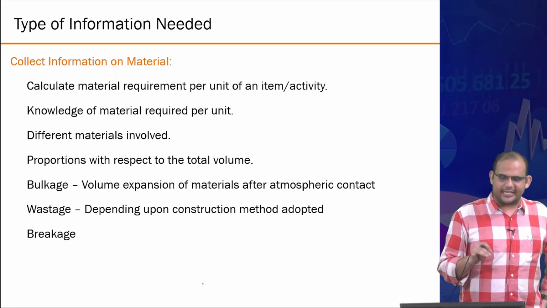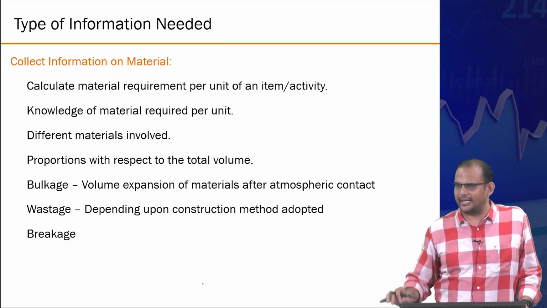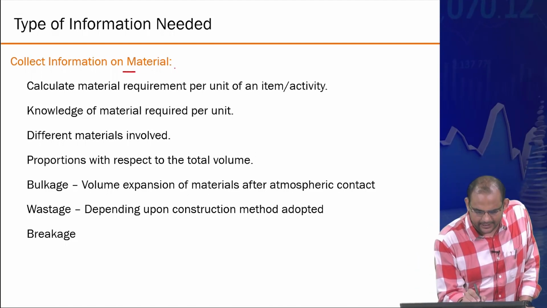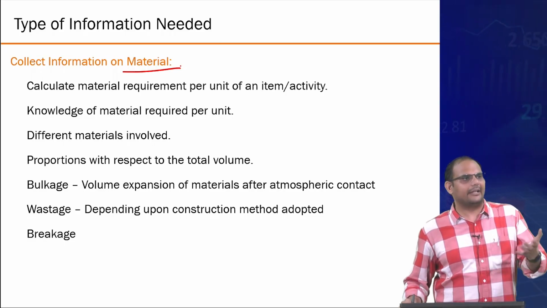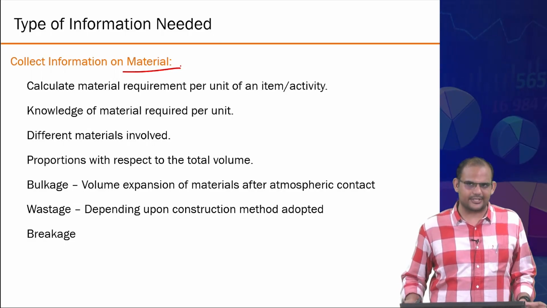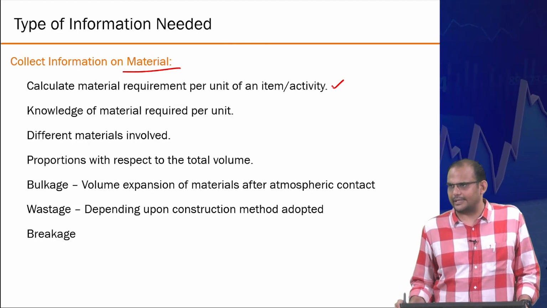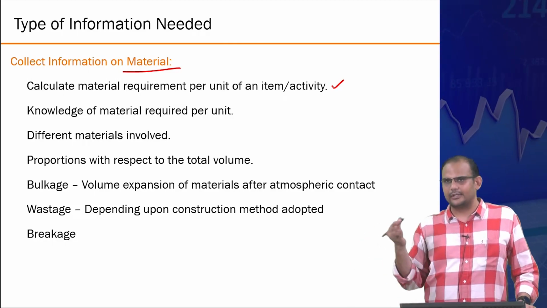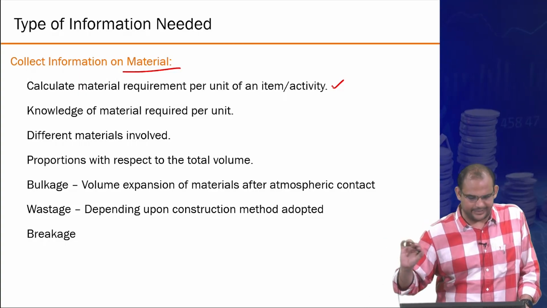Now let me give you an example of the kind of information needed for each of these things. Let's take an example of a direct cost, particularly on material. So in material, what all factors could affect the cost, right? There is a direct requirement in terms of how many units of material are required per unit of activity, right?